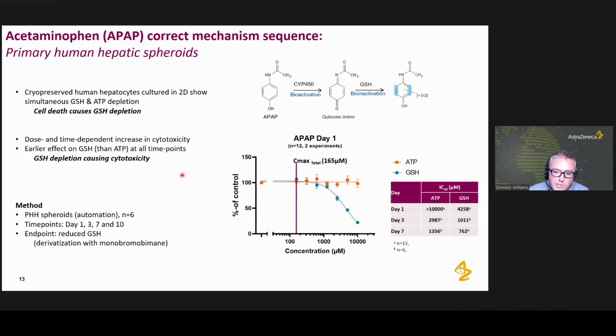But what we found when we use spheroids rather than 2-dimensional culture is we get the correct mechanistic order. So we can see in the complete absence of cytotoxicity, we get quite significant glutathione depletion. And this also occurs at different time points. We have a longer usage period as well for the spheroids. So again, gaining further confidence. And as I say, this was an internal model, so we worked with Insphero, but then we were able to gain understanding and take this model in-house.